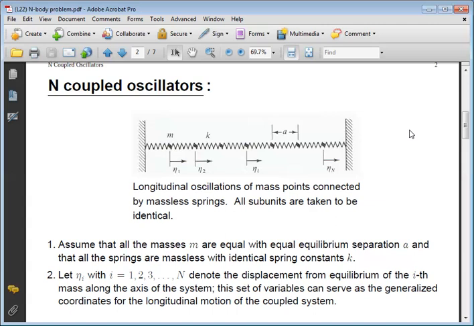However, the average mass per unit length is uniform. If we can approach that limit, then we have a vibrating string, which means we have a continuous system.